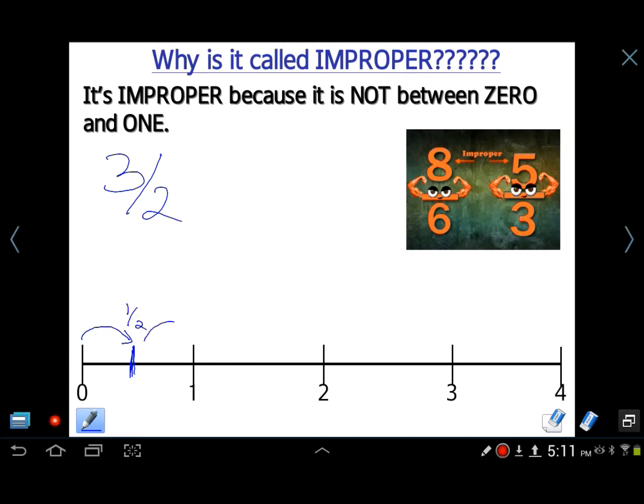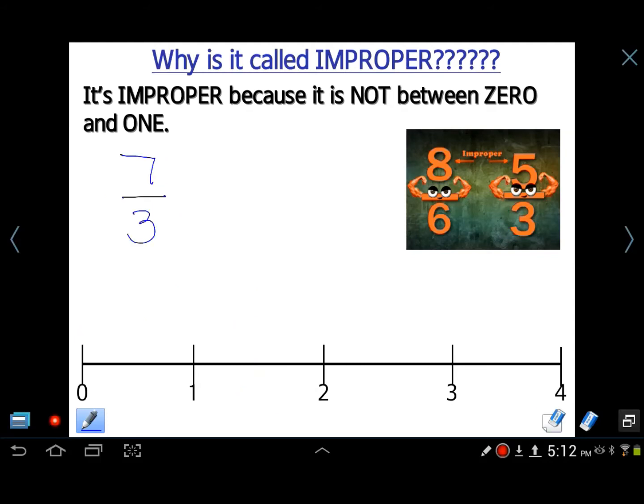And then I'm going to go another half. There's 2/2. And then there's 3/2. So that's what 3/2 means. It means 1.5 basically. Sorry about my handwriting there, but yeah, it's 1.5. That's why it's called improper.